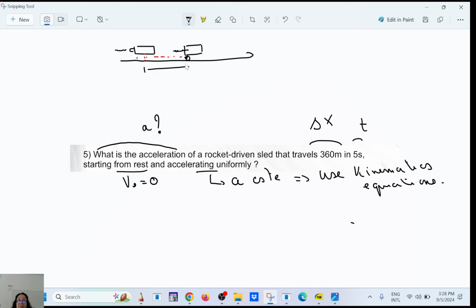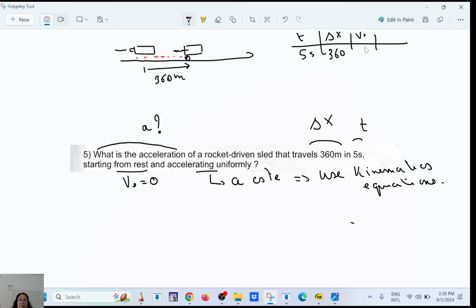So you have the displacement and the time elapsed, right? So help each other. Time elapsed is 5 seconds. Delta x is 360 meters.